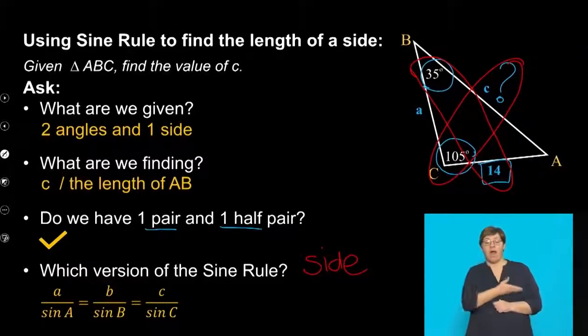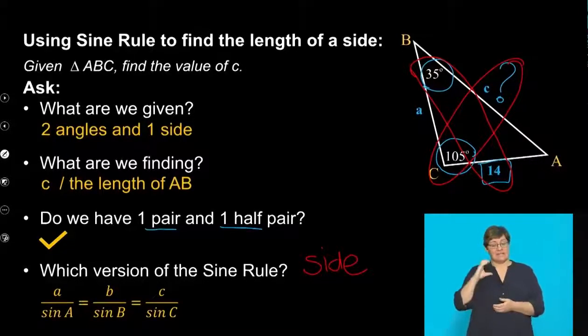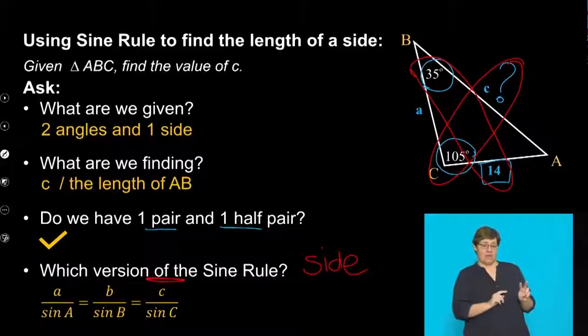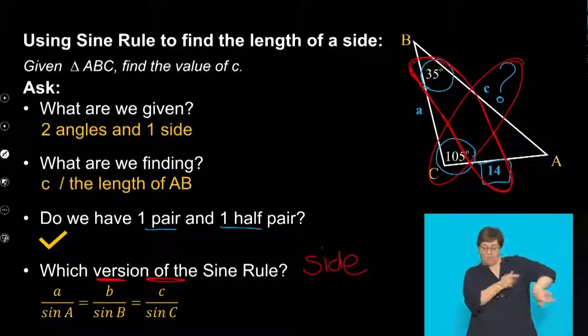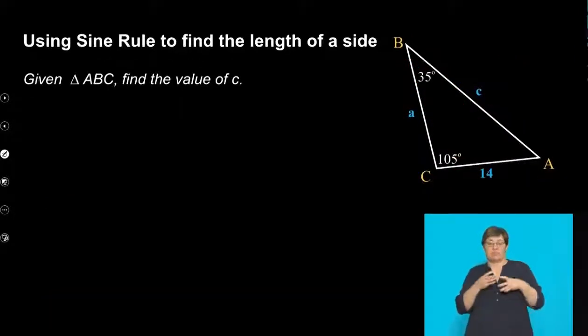Because the half pair we have is the C pair, we're going to use that piece, and the full pair we're given, which is this piece here, is the pair with the B's. We're going to be using these two parts of the equation to help us start.